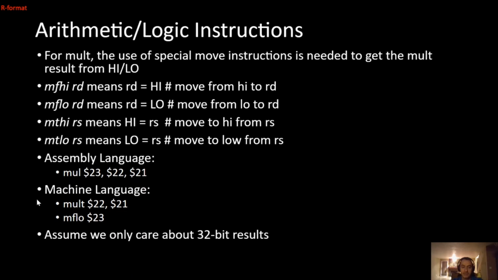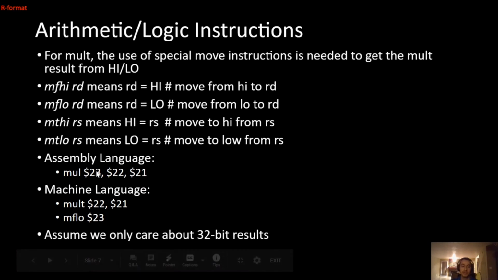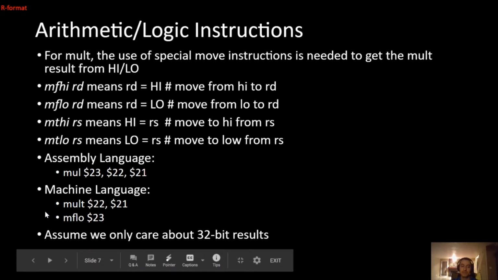So here is another example of the difference between assembly language and machine language. If you are doing a multiplication, you can convert this, based on what we just learned, to these two instructions, and it is going to calculate your answer as you expect.